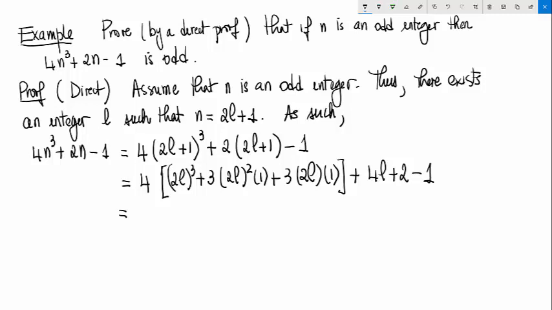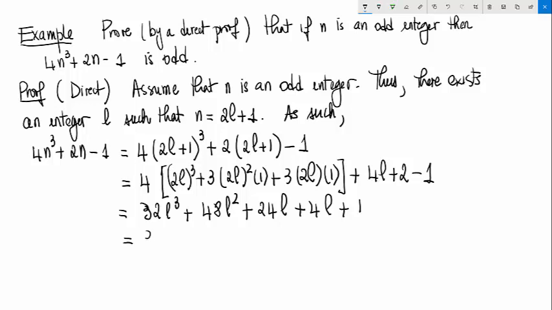And I suppose we have 8 times 4, so that'll be 32L cubed. Then 4 times 3 is 12, 12 times 4 will be 48, 48L squared. 6 times 4 is 24L, plus 4L plus 2 minus 1, which is 1. And I'll leave the 1 there because I really want to write this as an even number plus 1.